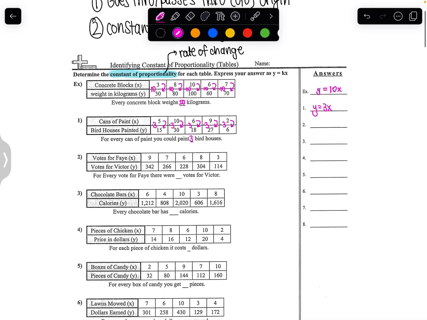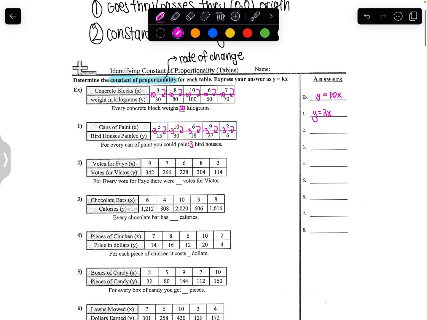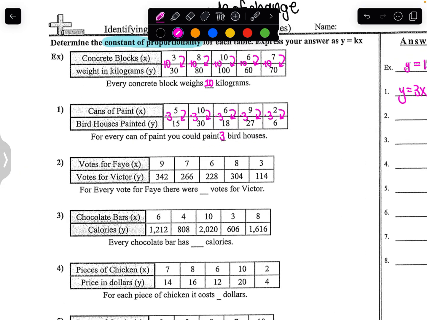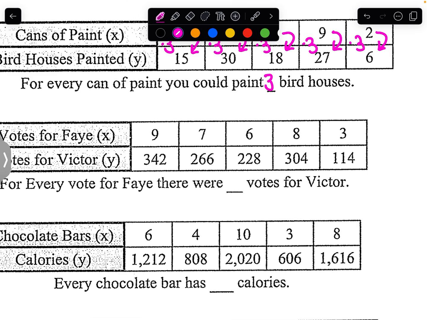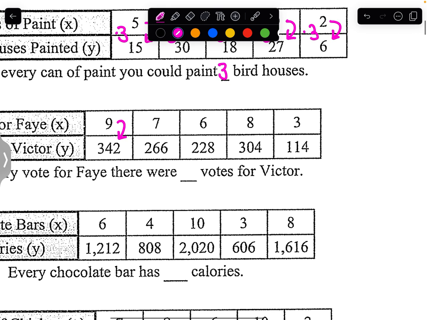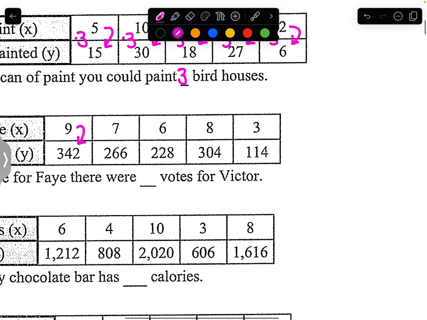Okay, so pretty straightforward. If, for example, you have some bigger numbers and you're like, I don't know what multiplies to get me from 9 to 342, instead of doing guess and check, you can say 9 times what is 342, aka you can divide these two numbers.